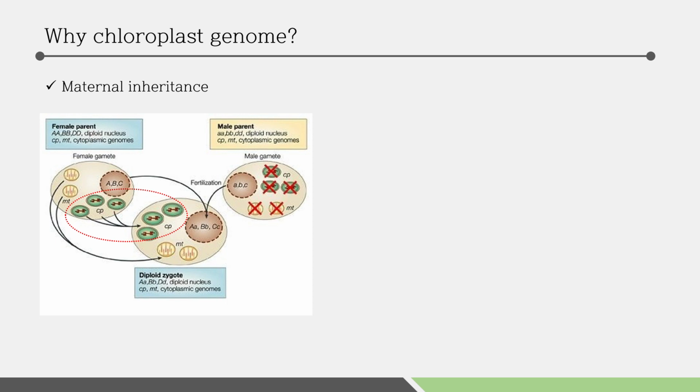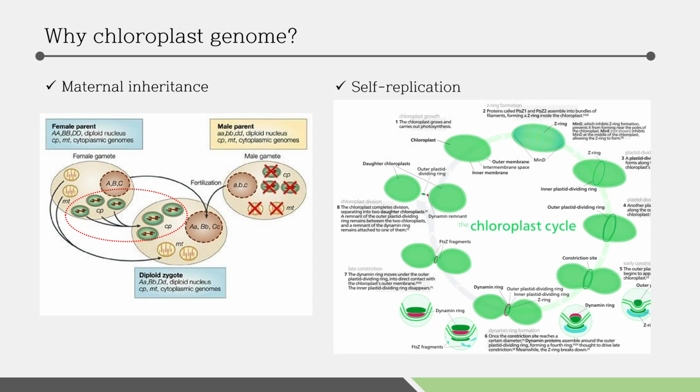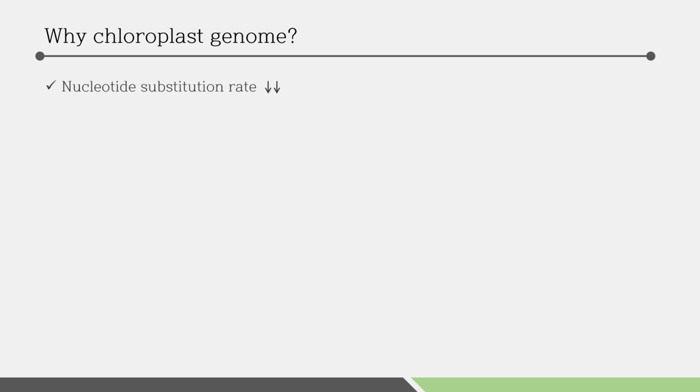It is different from nuclear DNA inheritance, and the DNA sequence does not change well because it grows independently. And nucleotide substitution rate is relatively slow. In other words, chloroplast genomes are highly conserved over generations.